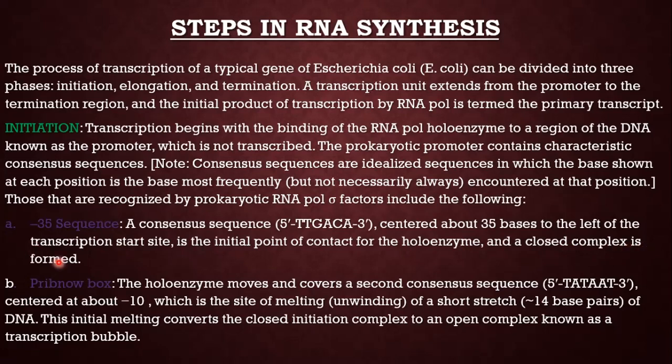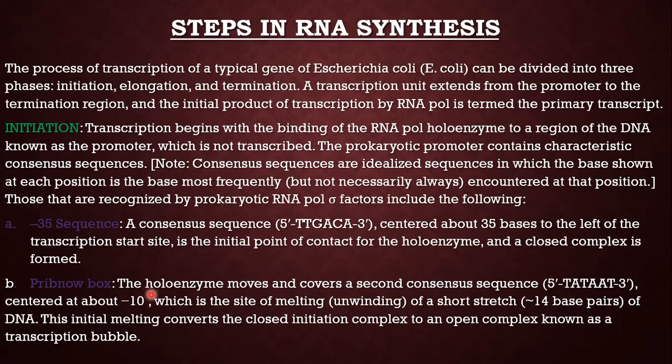So what do you mean by closed complex? The holoenzyme will just bind there, but it will not unwind the DNA duplex, okay? Then after binding to the -35 sequence, it will slide, it will move downstream and cover the second consensus sequence, the TATAAT, also known as the Pribnow box, which is centered about 10 bases upstream of the transcription start site.